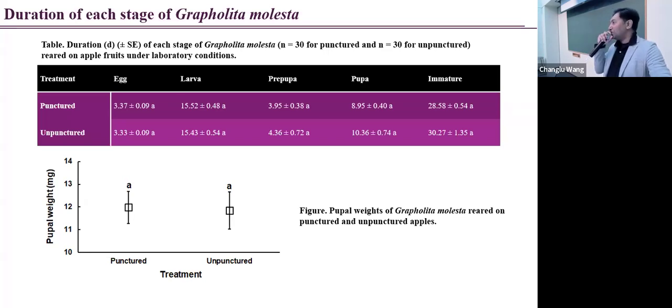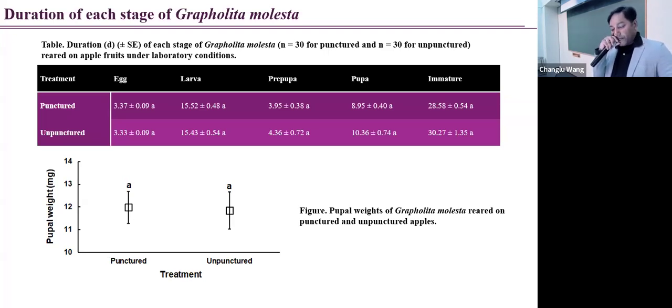Egg stage, no significant difference between punctured and unpunctured. Larval period, also similar. Pre-pupal period, also similar. Pupal period, also similar. And whole immature developmental time, also similar. So there is no significant difference between the punctured and unpunctured.